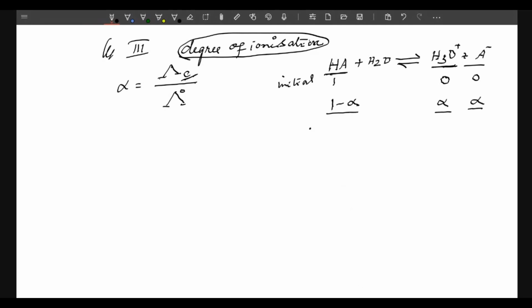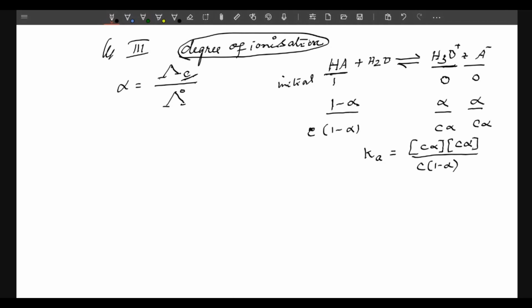If you take the initial concentration as C mole, then you multiply the whole thing by C, giving C alpha and C alpha. Then what is the equilibrium constant? Here the equilibrium constant is called the acid ionization constant or acid dissociation constant. It is given by the concentration of the products, C alpha into C alpha, divided by the concentration of the reactant, C into 1 minus alpha.